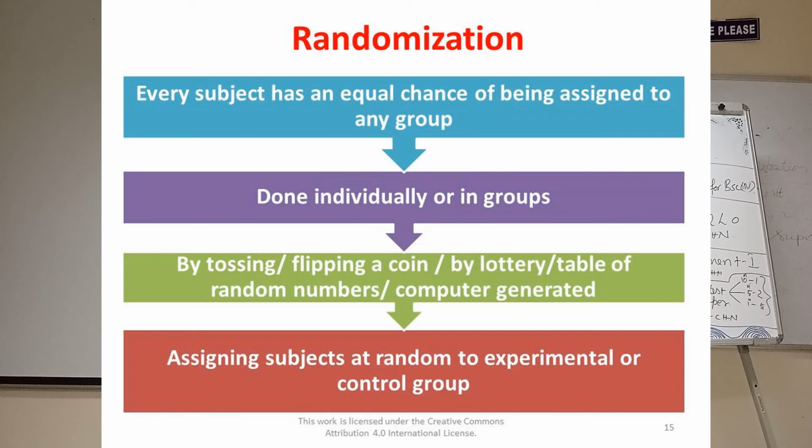This assignment of individuals or study subjects to the groups can be done individually or in a group. This could be done by tossing or flipping a coin, or by a lottery method, or by a table of random numbers or computer generated numbers.